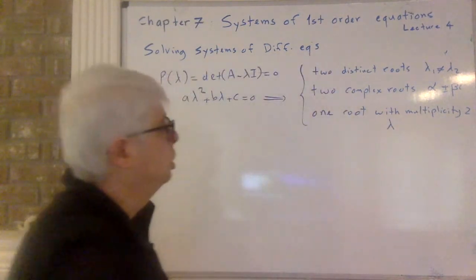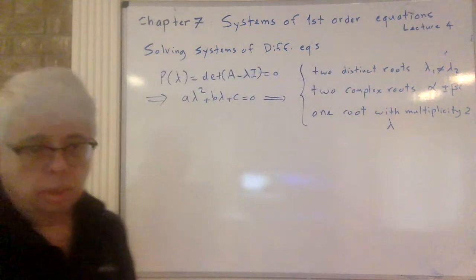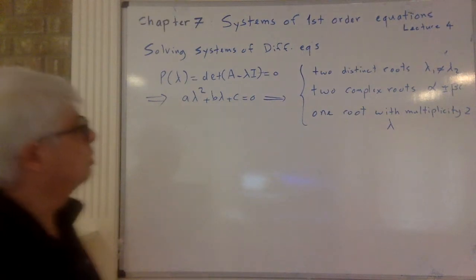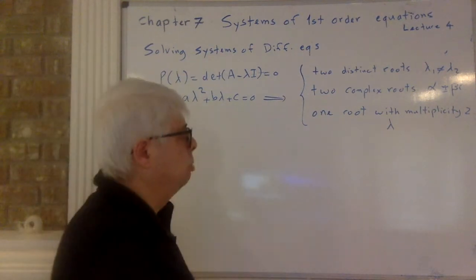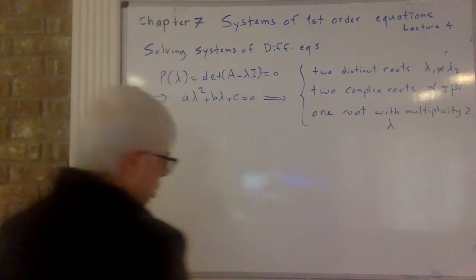Okay, so these are the 3 cases, and I will discuss the first 2, not the third one. The third one is, I don't know where it can happen in practice. Well, it's good to know anyway.